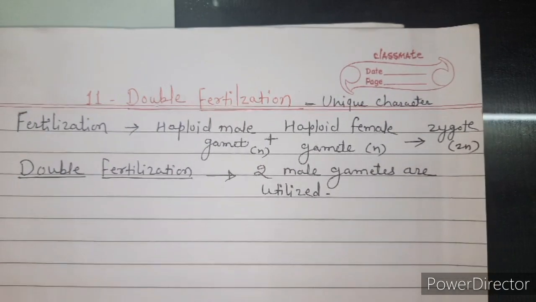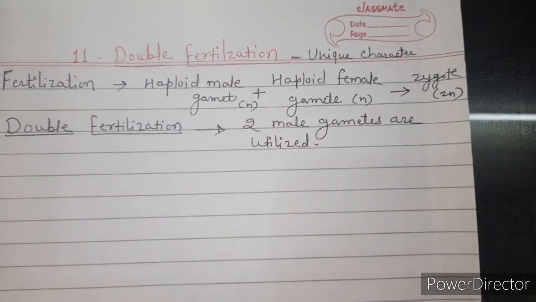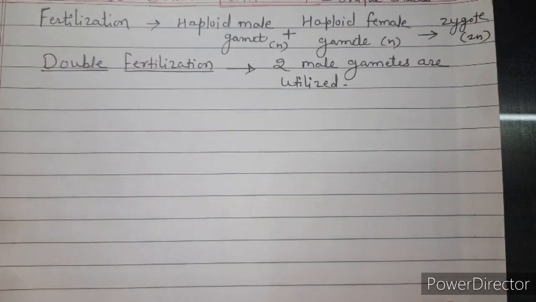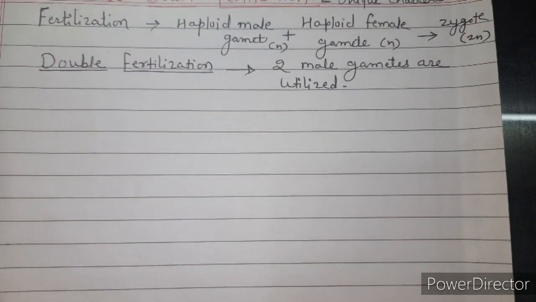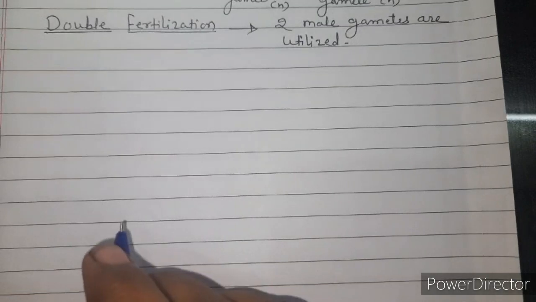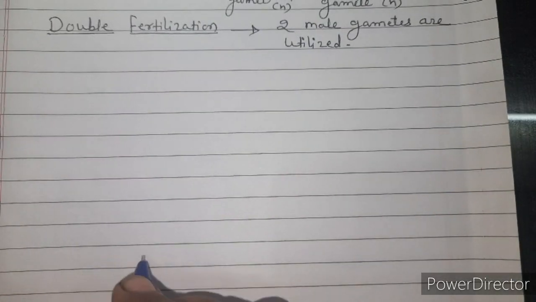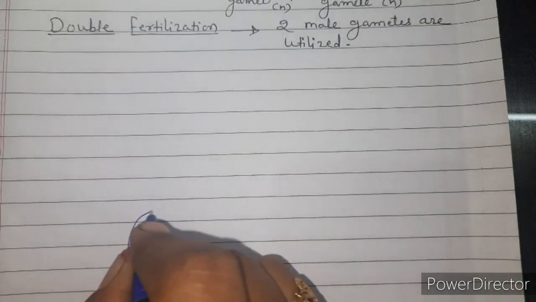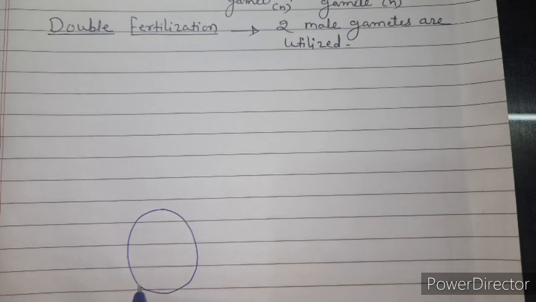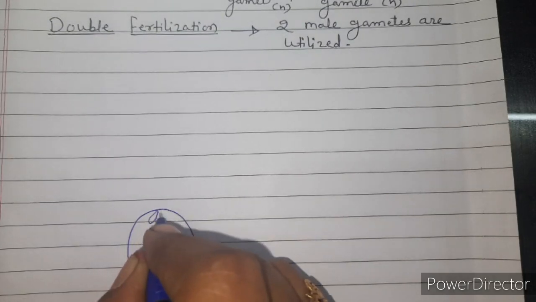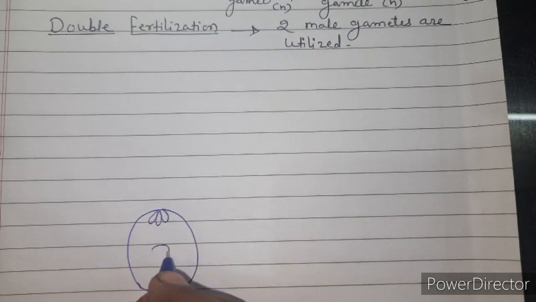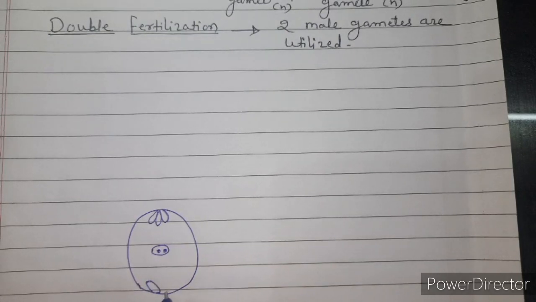Now, we have to see how double fertilization takes place in the flowering plants. So, here I will draw the diagram which we already studied in the last periods. Here I have drawn the embryo sac.